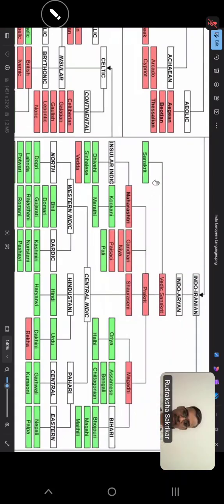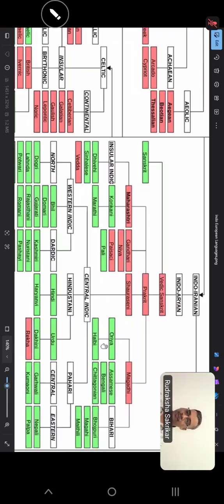Then from Vedic Sanskrit, the classical Sanskrit originated, with some modifications in the language. And there was another tradition, the Prakrit language, which also has several dialects: Maharashtri Prakrit, Gandhari Prakrit, Shauraseni Prakrit, Magadhi Prakrit. From all these Prakrit dialects, the modern Indian languages have originated.